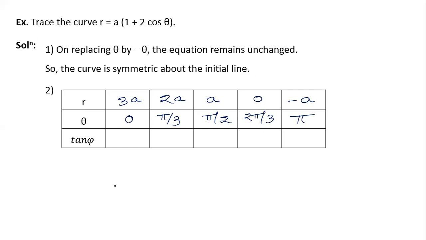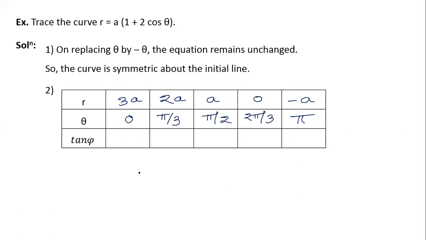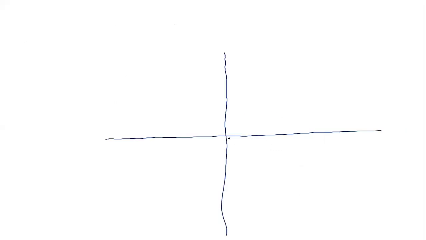So these are the points. We'll try to plot those points. The first was theta equal to 0, r equal to 3a. So 3a comma 0. This is one point. The next point is theta pi by 3 means 60°, and r is equal to 2a.